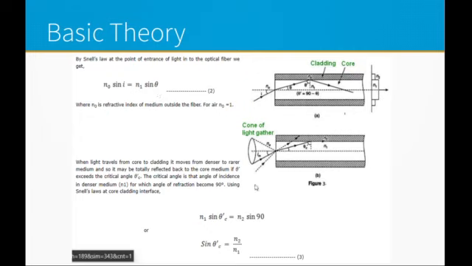Now we have to get into the core cladding part. At the core cladding interface the angle is theta dash. Now consider this angle theta dash such that the angle of refraction in the cladding part is 90 degrees.